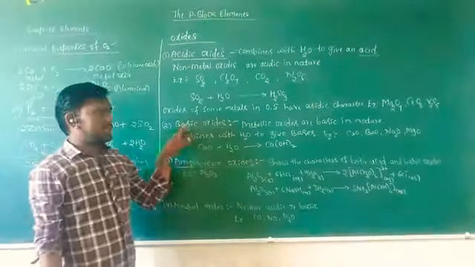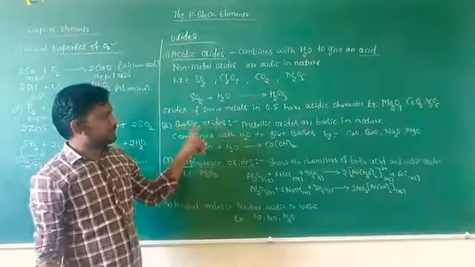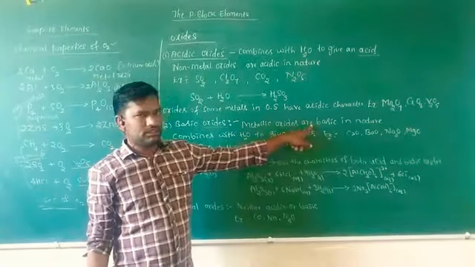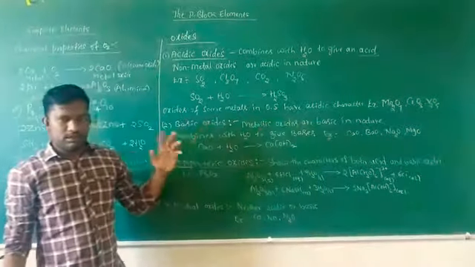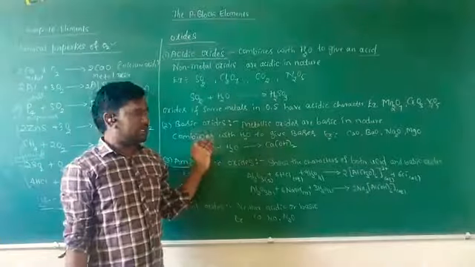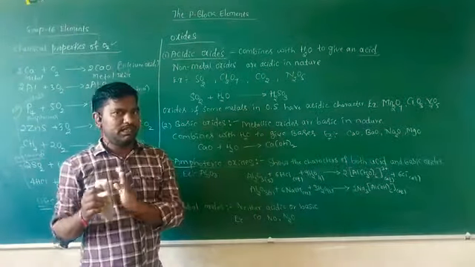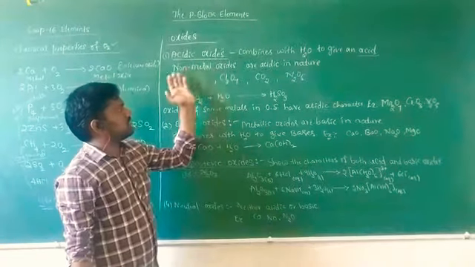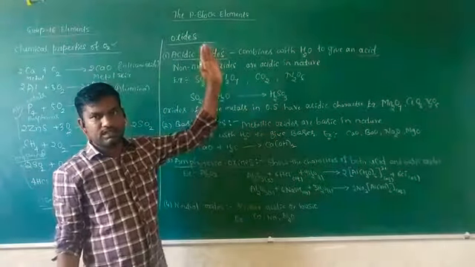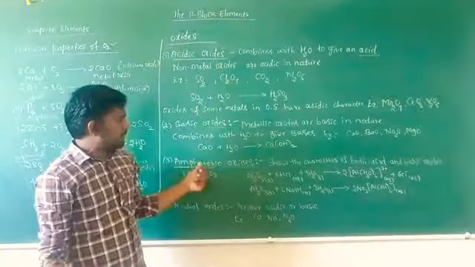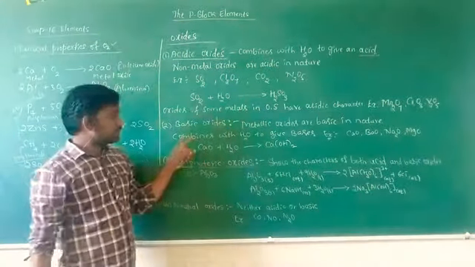Basic oxides. What is basic? Metallic oxides are basic in nature. Remember, metallic or basic character increases towards the left side of the periodic table, acidic oxides are more on the right side of the periodic table, and amphoteric oxides are in the middle.